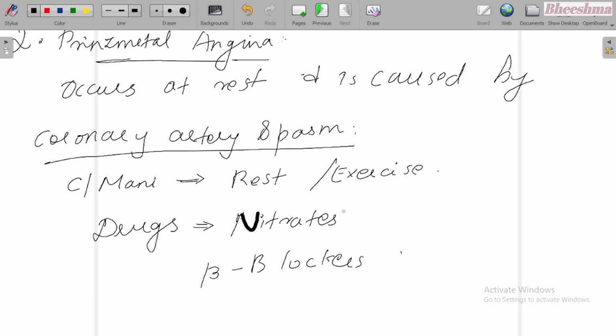Nitrates are given, but in Prinzmetal angina, beta blockers are contraindicated. We should not give beta blockers to patients suffering from Prinzmetal angina.